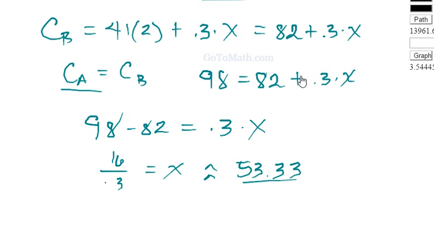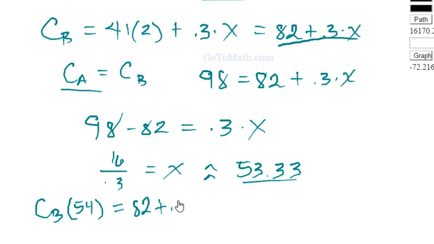I think I actually said something wrong here. Let's take the 54 and put it into car company B and see what that actually is going to be. So we have 82 plus 0.3 times 54, and let's see what our cost ends up being.